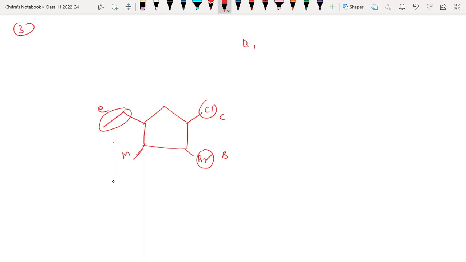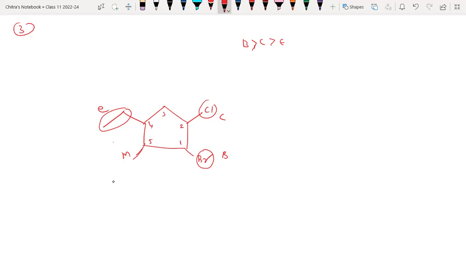Yes, we'll start from B. But on which side do we have to move? Towards C or towards M? Towards C, sir. Yes, towards C. That's why I'm writing here the order B, then C, then E, like this, and then M. Okay, so here we have carbon number 1, carbon number 2, 3, 4, and 5.